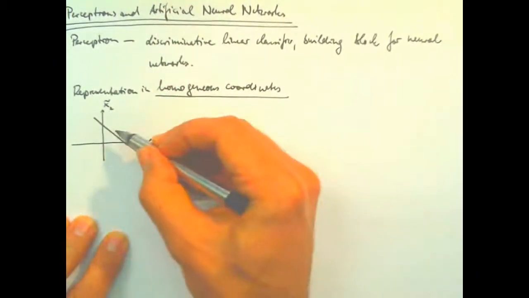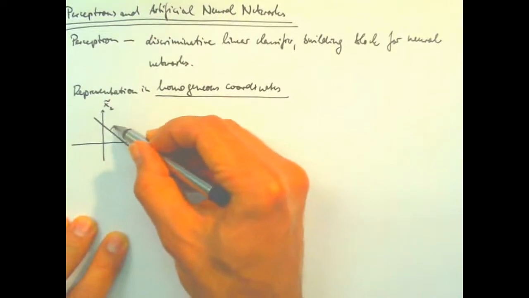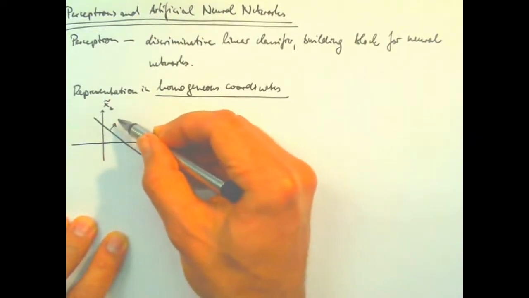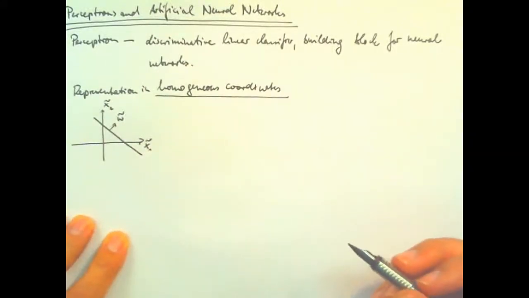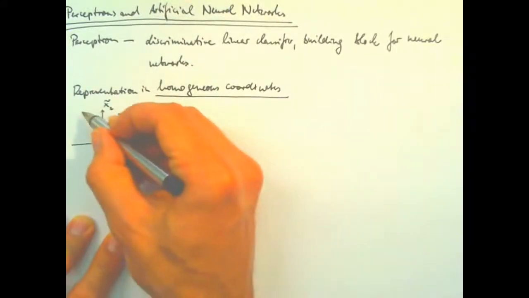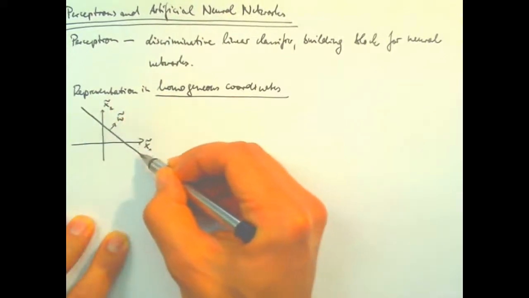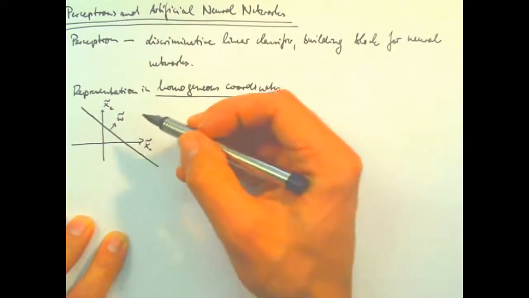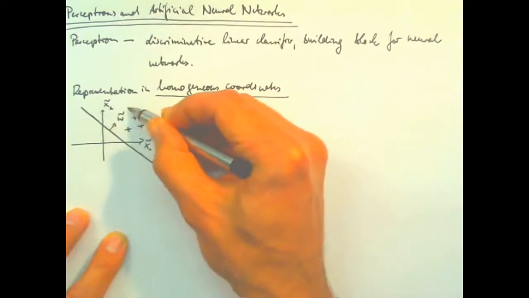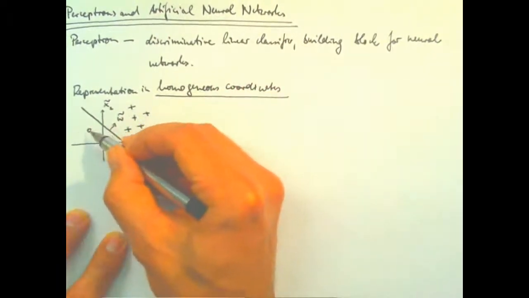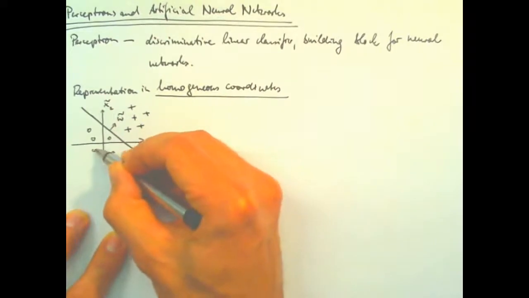And we have some classifier characterized by a normal vector. And now this classifier, so let's say the one class lies on the one side of this discriminating boundary, and the other class lies on the other side.